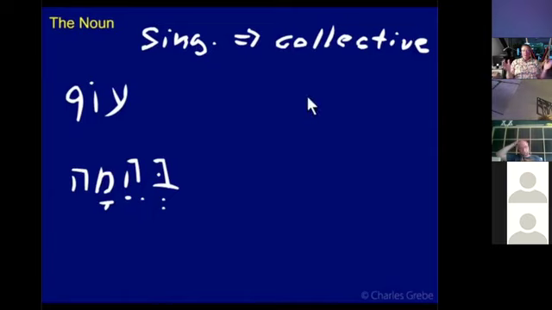And I'll give one more example, and that's ets. That means tree, but it can also mean trees. So bird, beast, tree can be used also as a collective. And just by way of review, notice these two feminine nouns have no endings, not an ah ending. This one has the basic ah ending. So singulars can act as collectives.